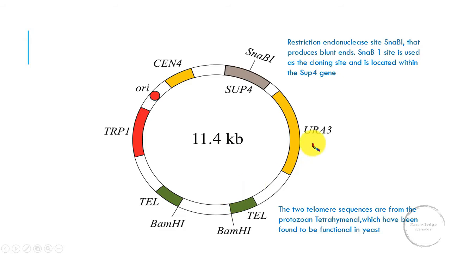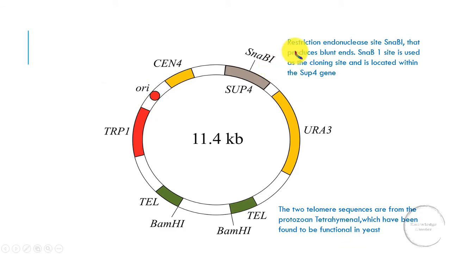Here are present uracil 3 and tryptophan 1, which act as markers for selection of transformants, and here is present the SnaBI or EcoRI restriction site, which contains the suppressor 4 gene. Here it is also a Stuffer fragment, and here it contains the centromere of chromosome 4 and the origin of replication.